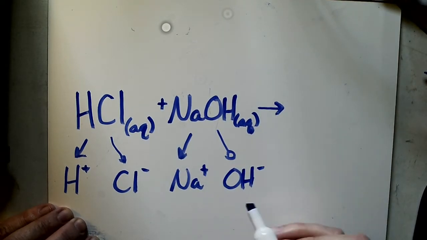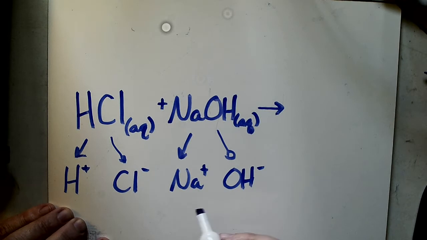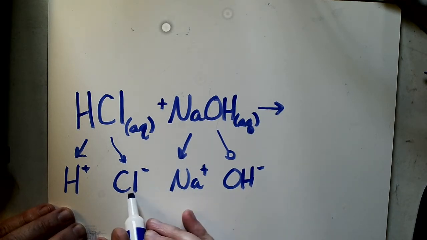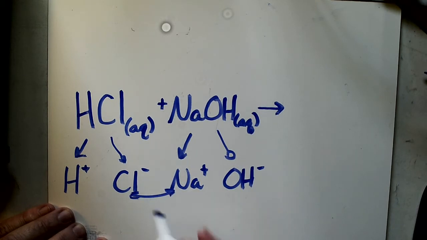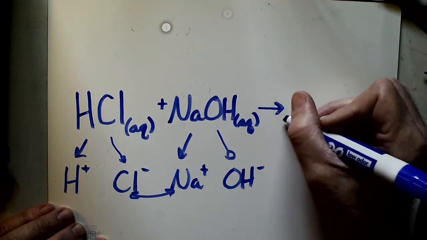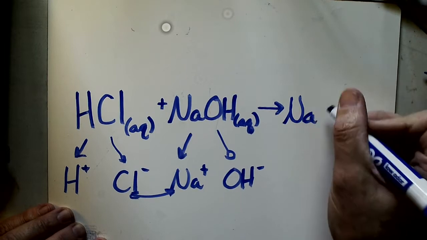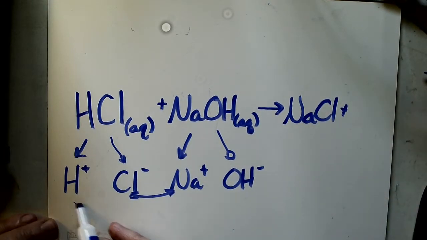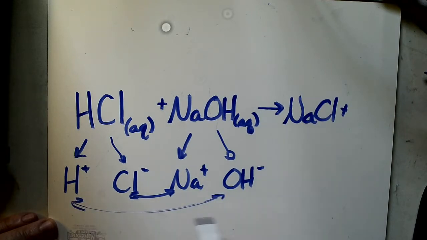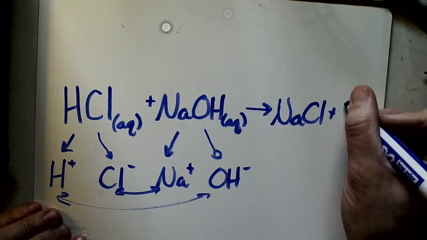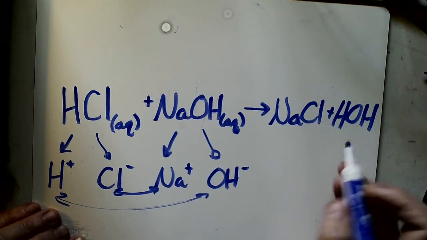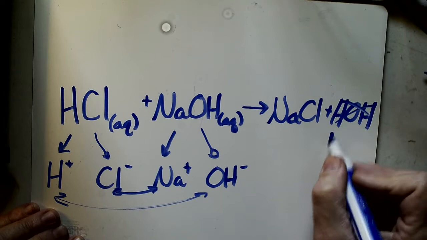Remember, polyatomic ion. And they're going to flip-flop. So the positive ion here is going to now join with the negative ion there, and we're going to get NaCl, which is salt. And these two now join up, and I get HOH. Now, we usually don't write it like that. We write it like this.